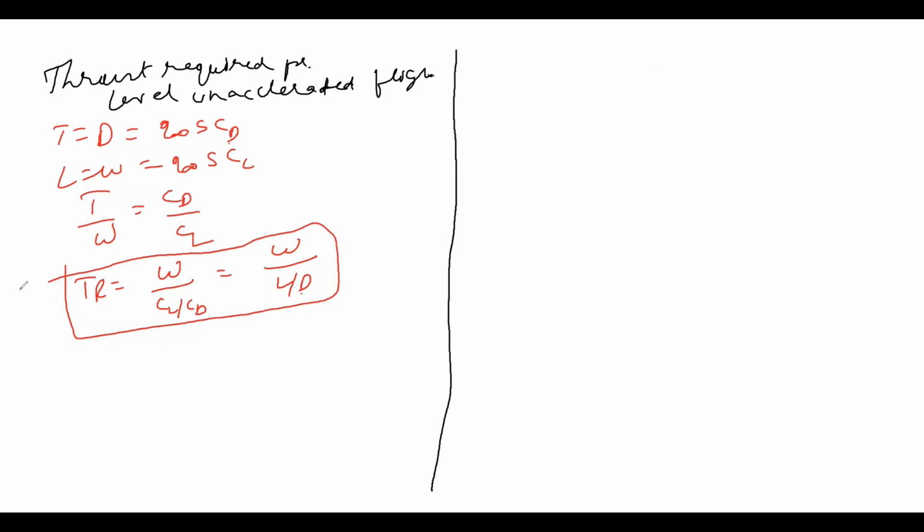Now we all know that CD equals CD naught plus CDI, which is CD naught plus CL square upon pi e AR.